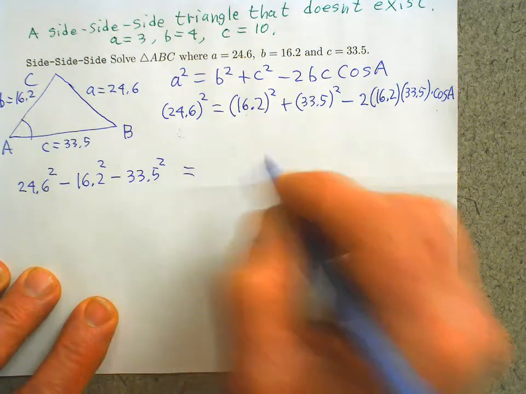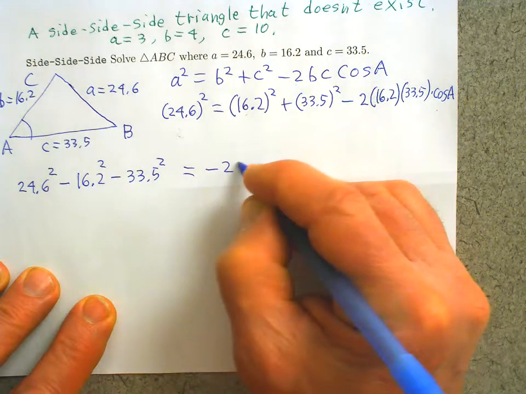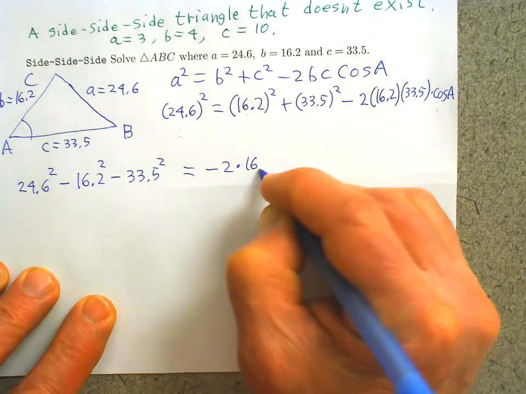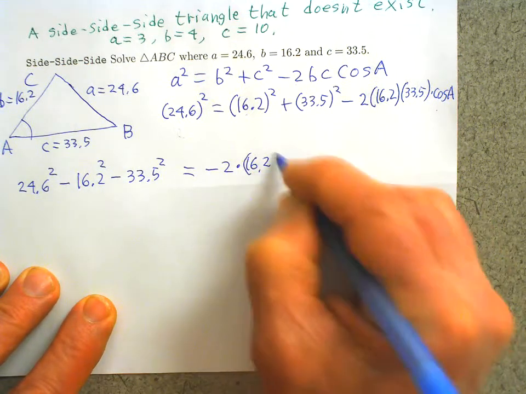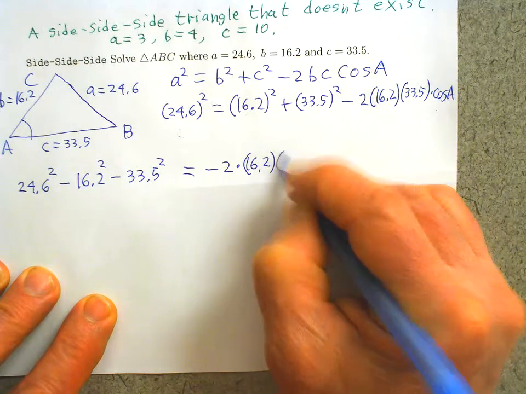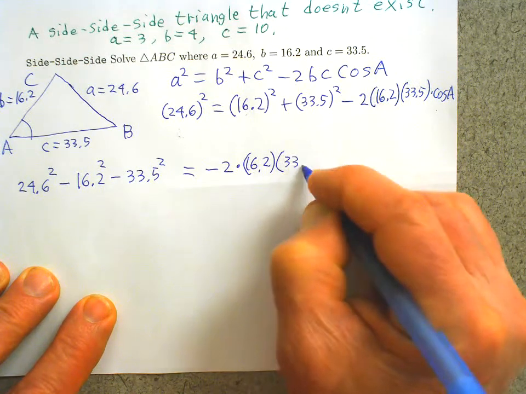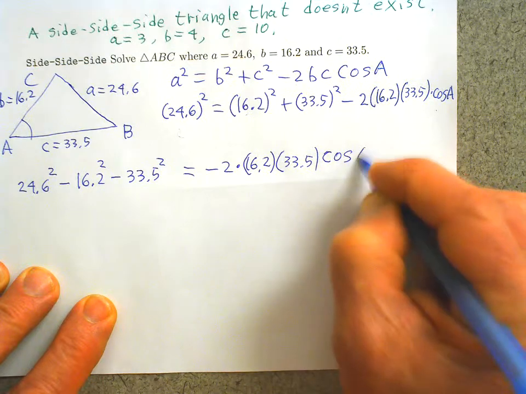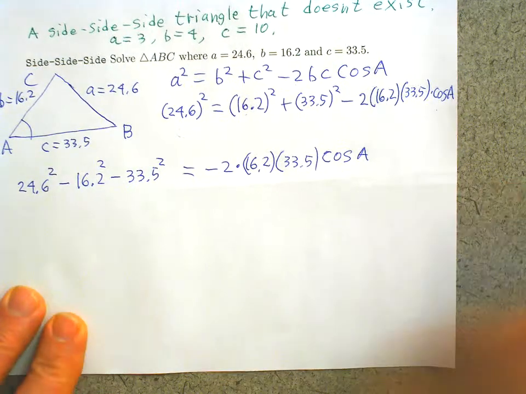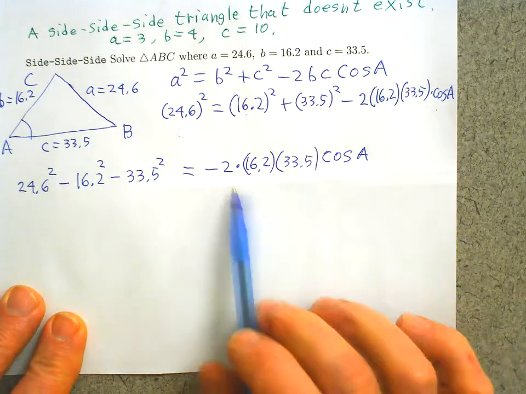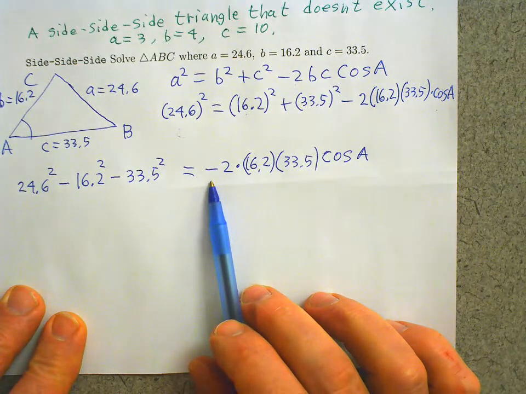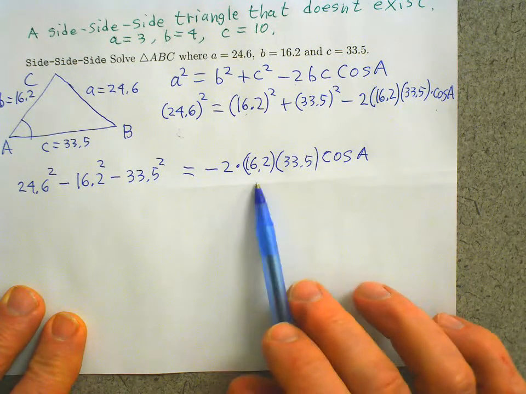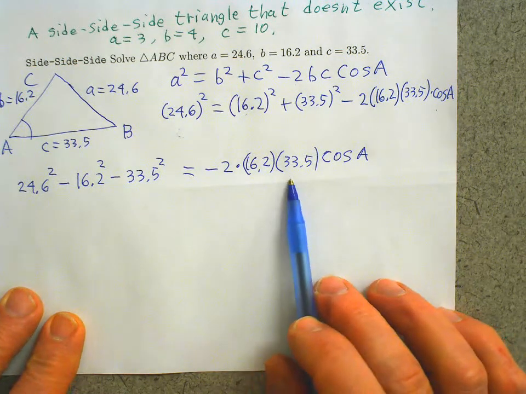Okay, that's equal to negative 2 times 16.2, maybe I should use parentheses here, 33.5 times cosine of A. And then cosine of A is what you get when you divide both sides by negative 2 times 16.2 times 33.5.